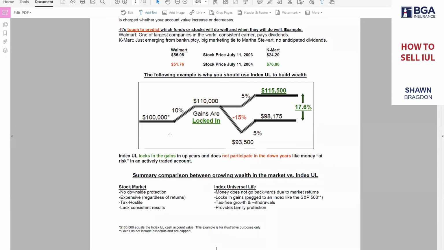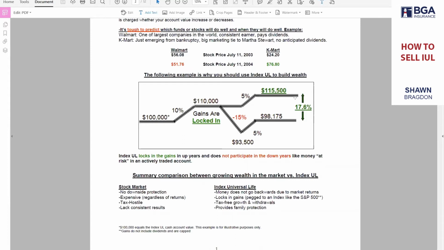By contrast, Mr. Client, if you put the same $100,000 into what's called an index universal life product, market goes up 10%, you're at 110,000. Your gains are locked in though. You're never going to lose those gains because when the market drops in year two, you do not drop with it. You are contractually guaranteed to get a zero when the market goes down. You wait for the market to rebound in year three and you start from your ending point. You're up 5%.